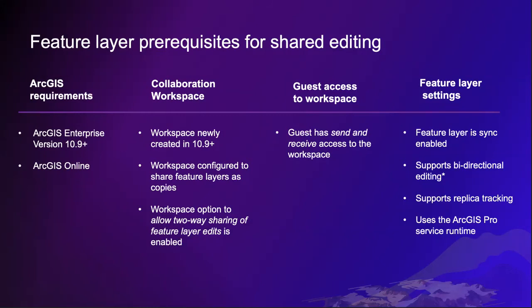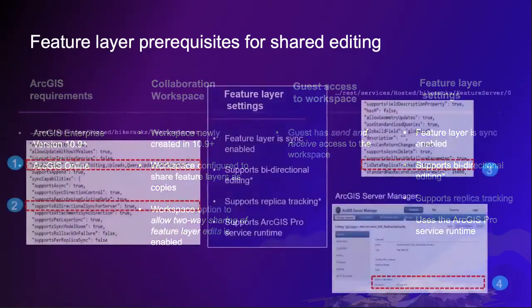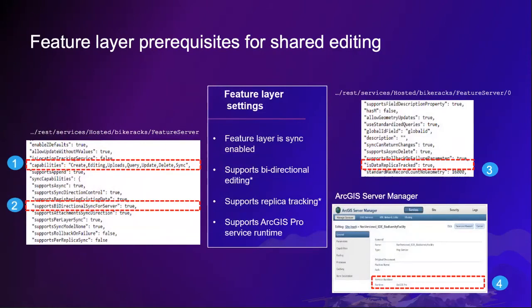Those 3 things need to be set up on every layer that you're going to be doing a copy, but you can see there's a few other requirements if you want to do the shared editing. So great question coming up earlier. And here's some places that you can find more information about that. You go into the REST services to see if sync is enabled, whether replica tracking is in there, and then what runtime if you were wanting to do the shared editing.